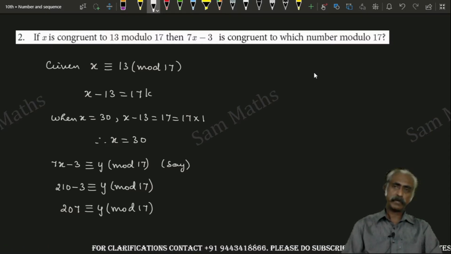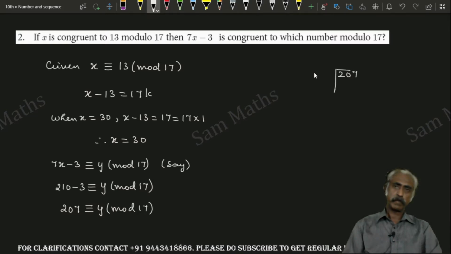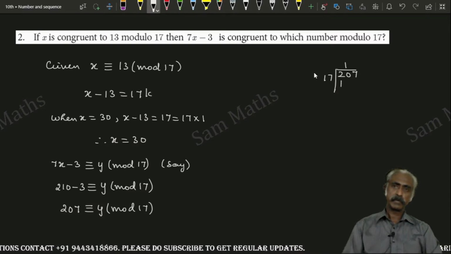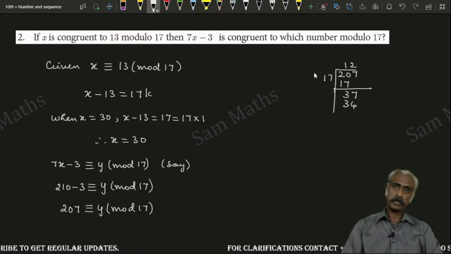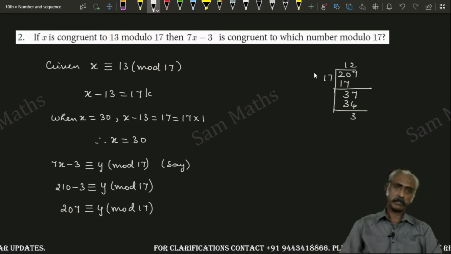Now actually you have to divide 207 by 17. So it's one time 17, 3 balance, 7 you consider. So 37, so 2 times I can take, we are getting 34. So the balance is 3, that is the remainder.